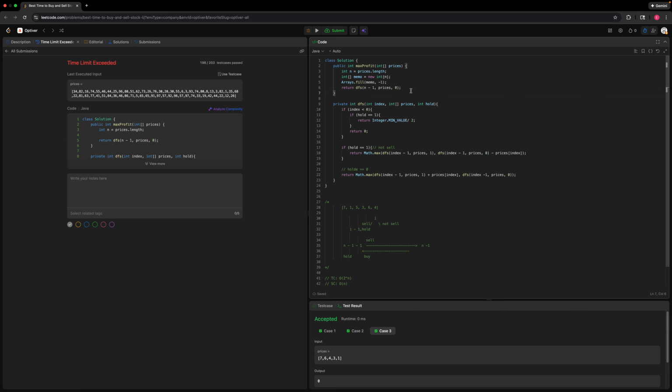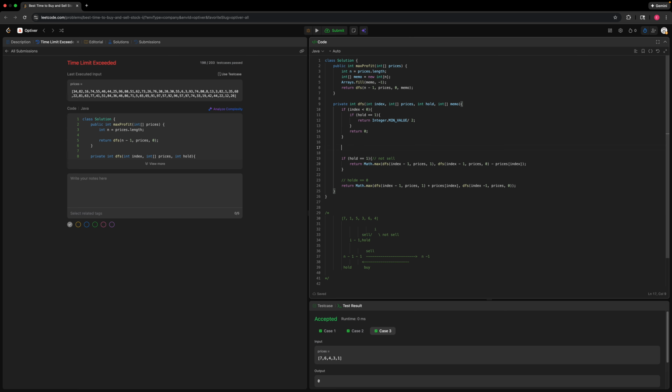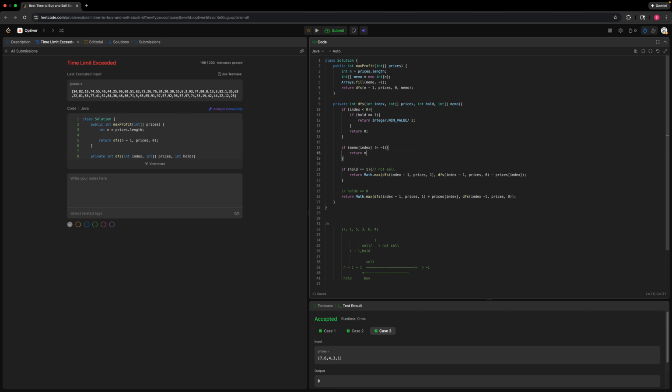Okay, so if memory index is not equal to -1, we directly return the memory index.